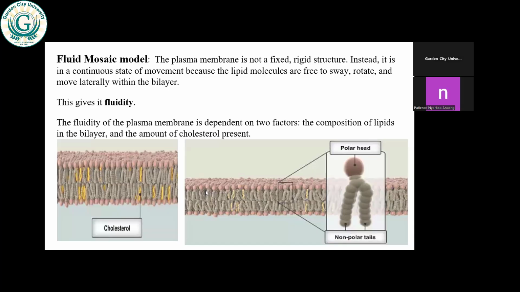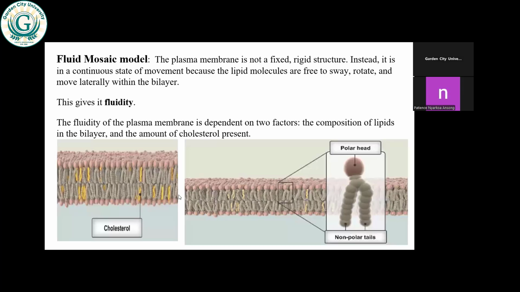And it creates a barrier between the extracellular and then intracellular fluid. Barrier meaning it regulates what enters and leaves, just as we have a checkpoint or a barrier when you are traveling. So it checks what comes in and goes out. It limits movement of some particles in and out, and it also allows others to pass through.